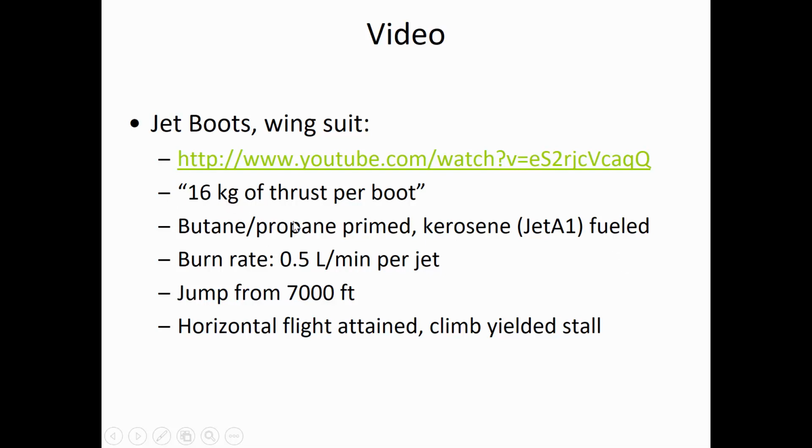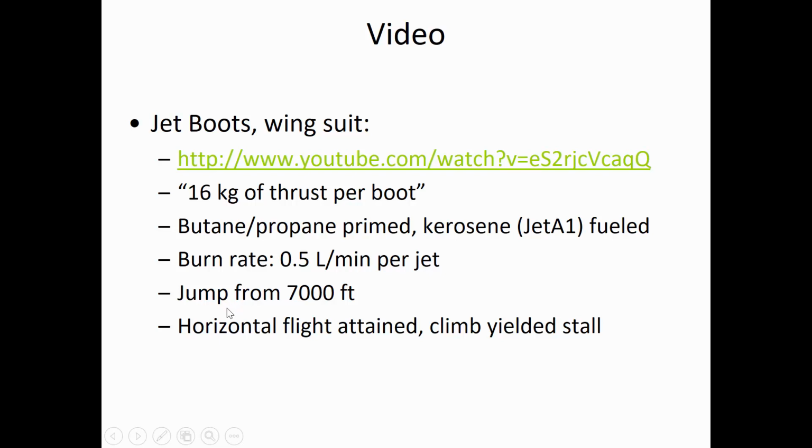To prime it, to heat up the jet and get it spinning before they start injecting the kerosene, it was a mixture of butane and propane. Once it's actually burning, it was half a liter per minute per jet. And so you saw he's waddling around with the kerosene in the enema bladders, as you pointed out, and then jumped from about 7,000 feet.